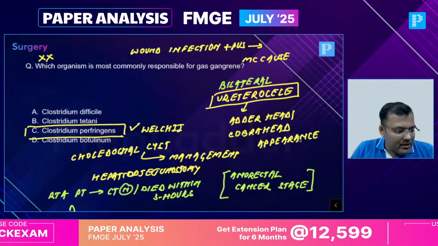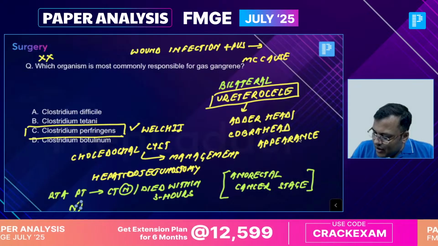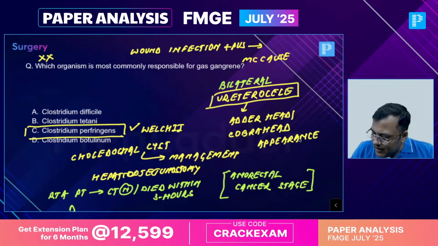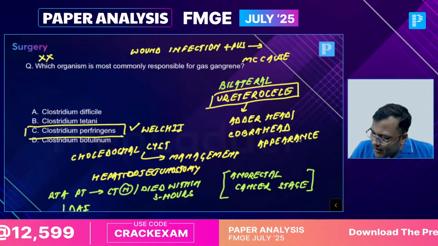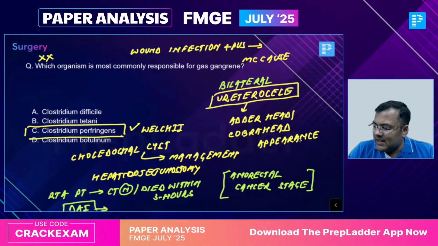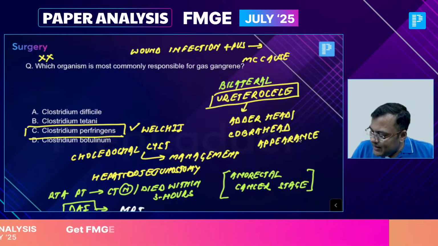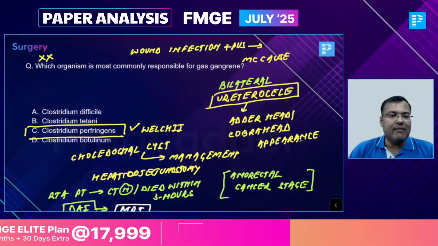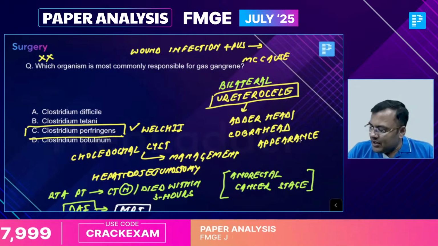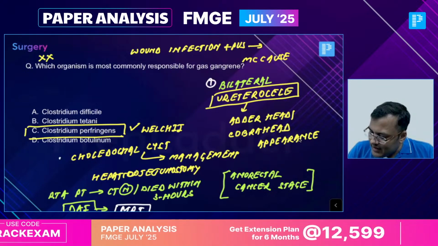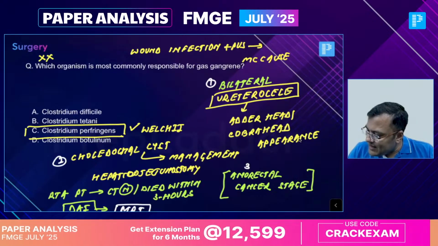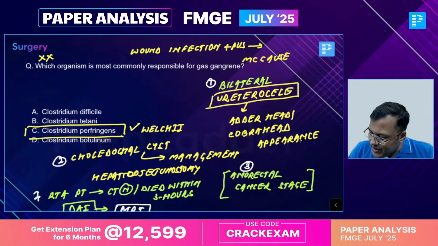Very good. Mahendra Barfa, you are correct. Diffuse axonal injuries क्योंकि here the CT is normal, diagnosis is made on MRI, and it leads to vegetative state. It is having poor prognosis. So additional question 1, choledochal cyst हो गया. 2, anorectal cancer stage. 3, RTA patient.